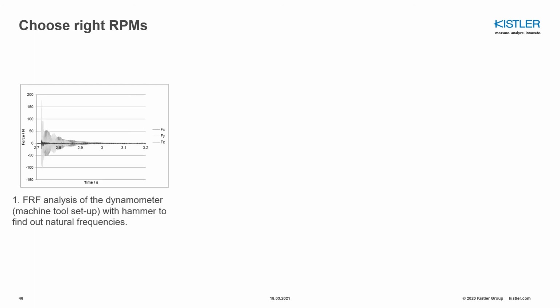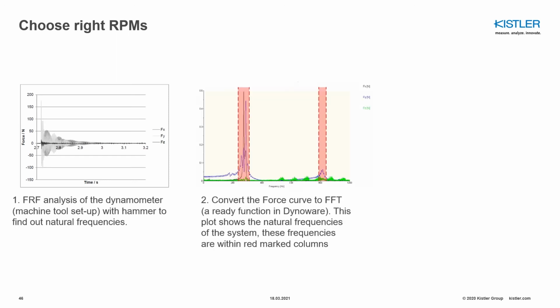Choosing the right RPM is very important. We do not want to end up in resonance, so that's why we have to really understand the frequency response of our system. As you can see, this is a force measurement done by just exciting the system in the time domain, and you can convert it to the frequency domain, for instance, by utilizing our software.